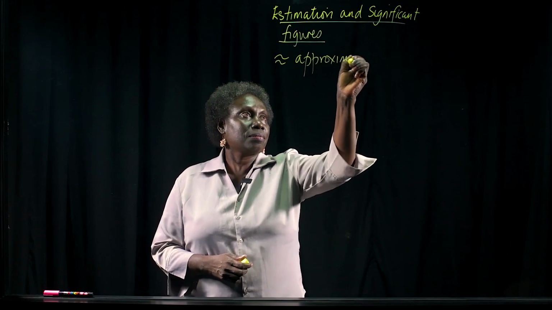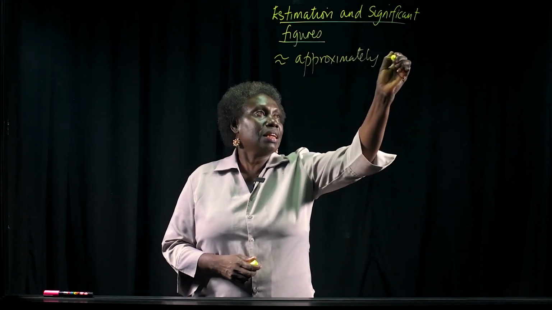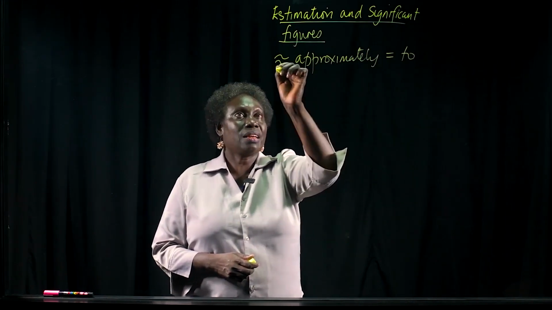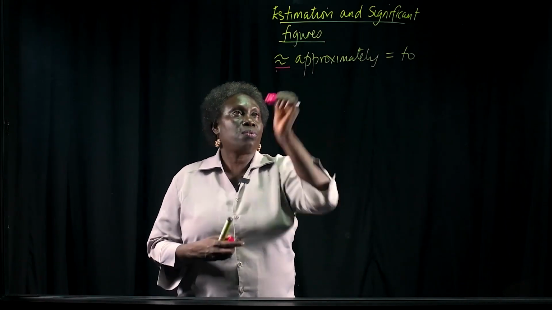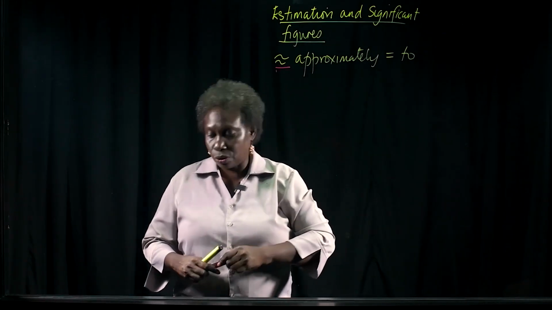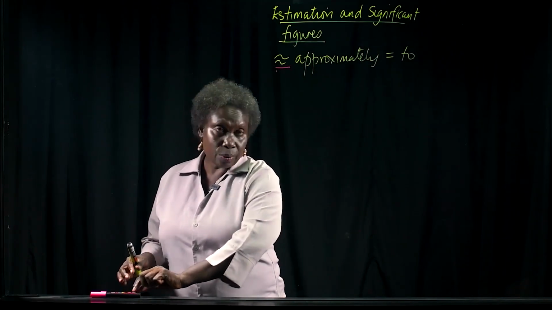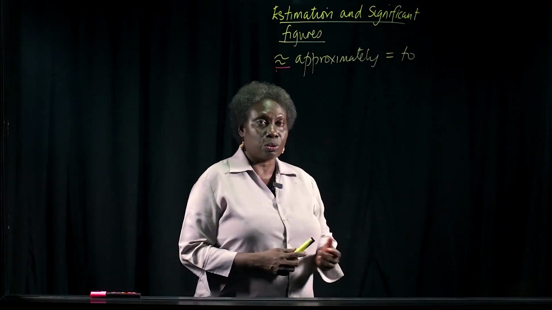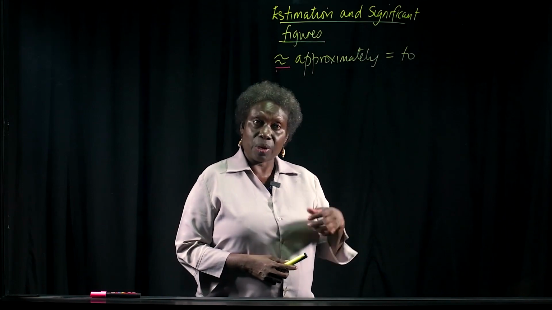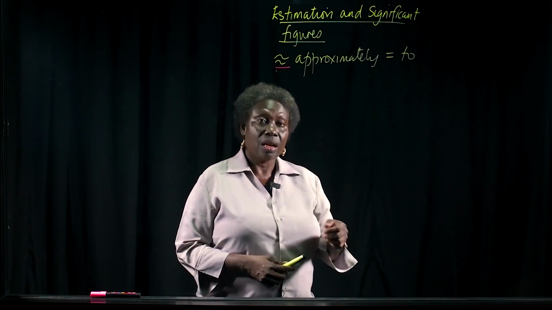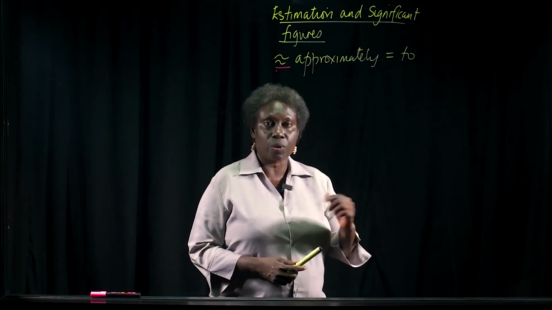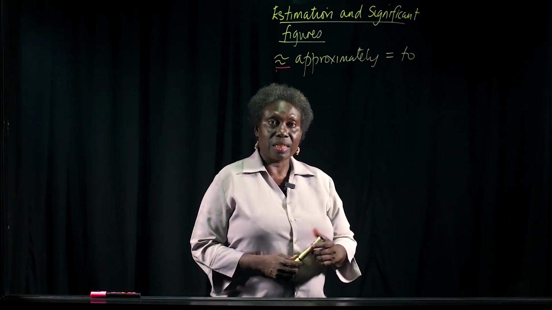This is the symbol that we use for approximately equal to. We look at some examples on how to estimate numbers. We have done that in grade 8 and grade 7, so this is going to be a recap of what we have already done.